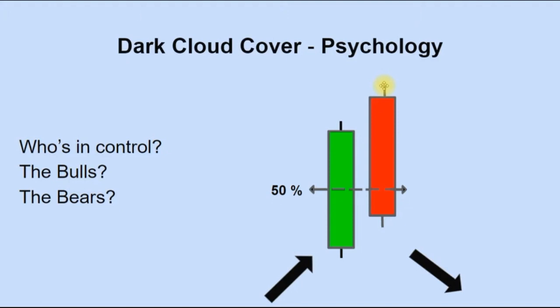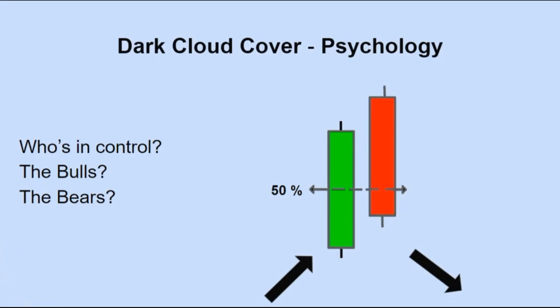The balance of supply and demand has tipped now in favor of the bears. Selling increases and prices fall. The key to this pattern is the downward move and the close below the 50% level of the green candle here. This is considered the balance point for bullish and bearish sentiment in the first green candle.